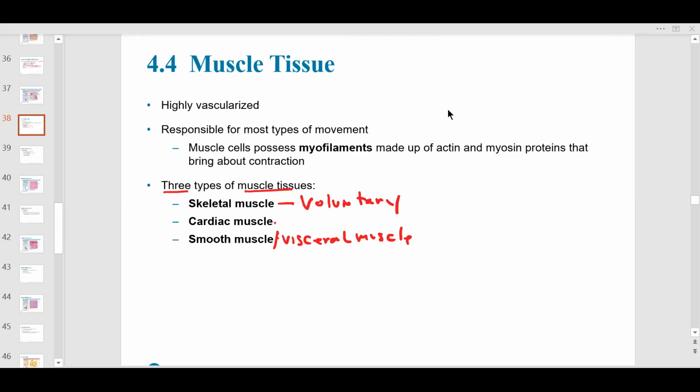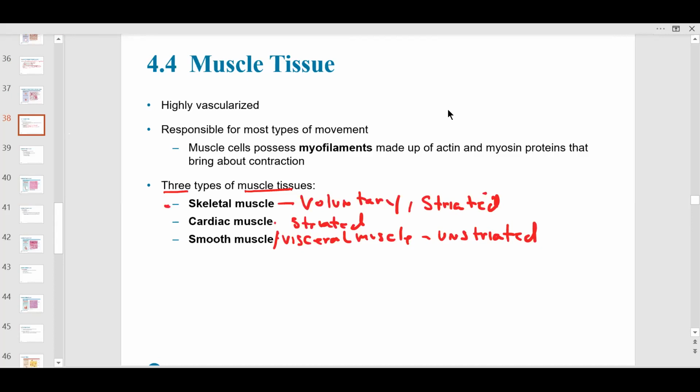Okay, so skeletal muscle is also striated, but so is cardiac muscle. Smooth muscle is unstriated, but also involuntary. And we'll show you other things.